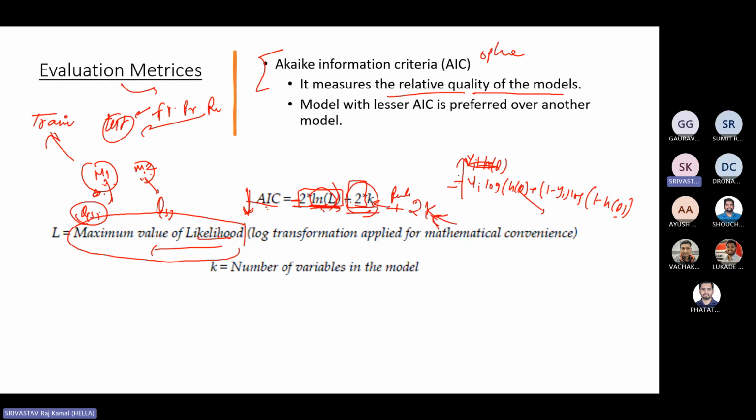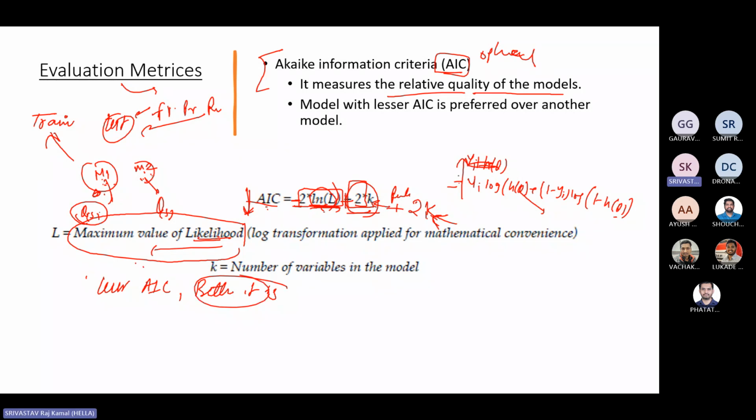This number is added here, but eventually it's nothing but the negative likelihood. I just mentioned it to complete the session, but it is optional. If time permits, please do read about the Akaike information criteria. In general, we use it to compare two models. Lesser the AIC, I choose that model. Better it is.